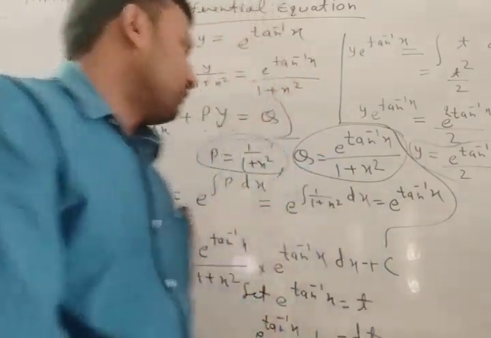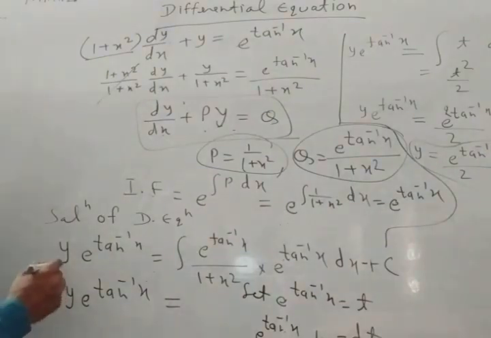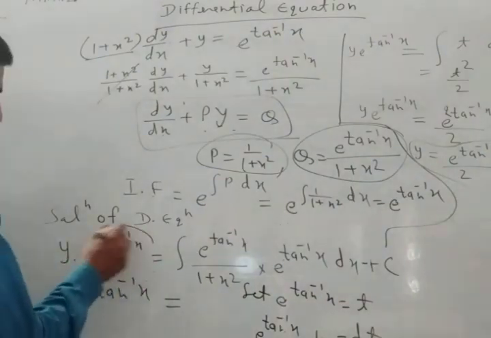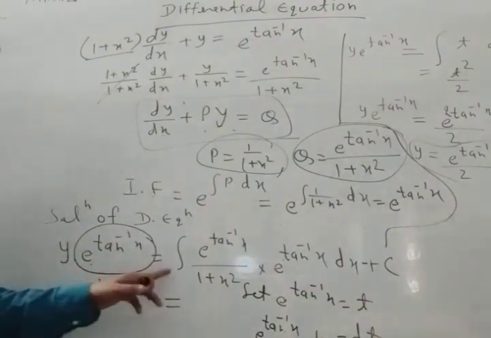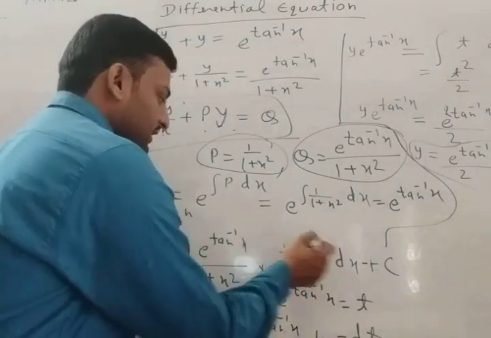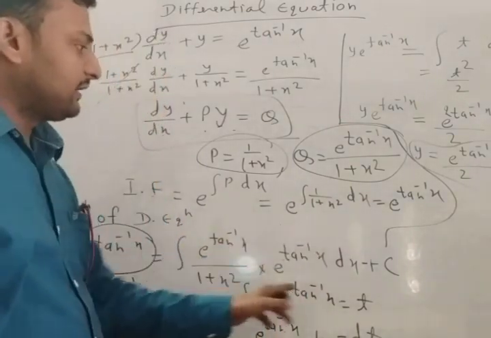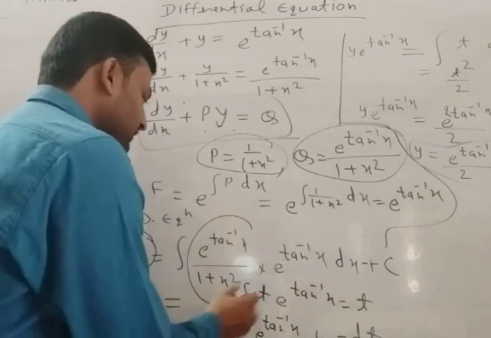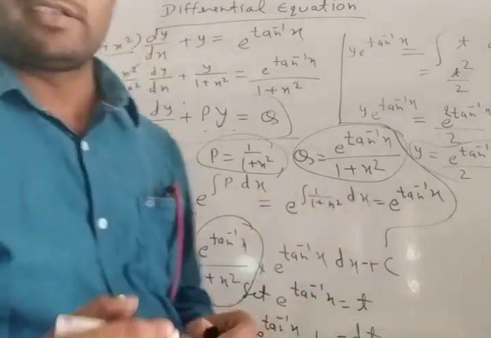Okay, and when we find our integrating factor, after that we calculate the solution of the differential equation. To find the solution, this is the formula: y into the integrating factor is equal to the integration of the integrating factor times q, plus c.